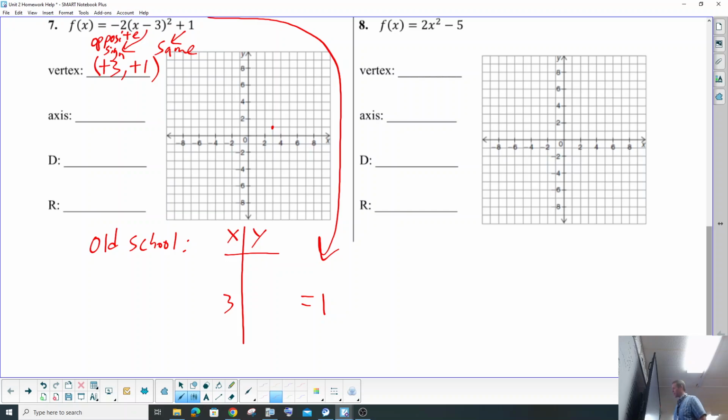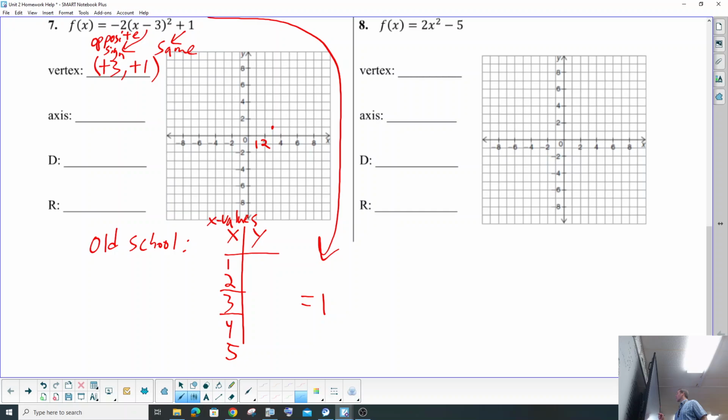What's to the left of 3? Well, 2 and 1. What's to the right of 3? 4 and 5. Those are our x values that we're going to plug in.